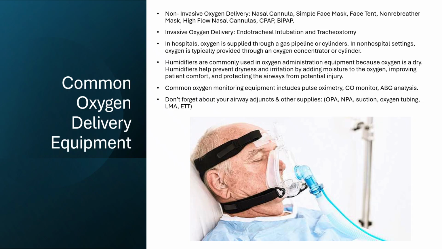Invasive oxygen delivery would be things like intubation, so endotracheal intubation or tracheostomy. If you're working in the hospital, oxygen is typically supplied through a gas pipeline or cylinders, and in non-hospital settings, typically patients at home are going to have oxygen concentrators or potentially little cylinders too.